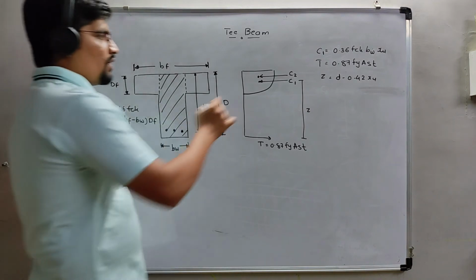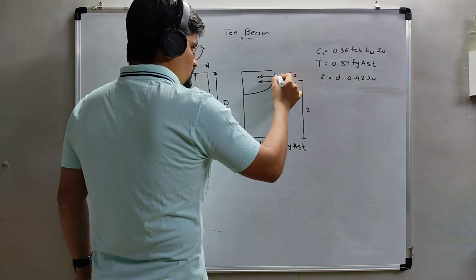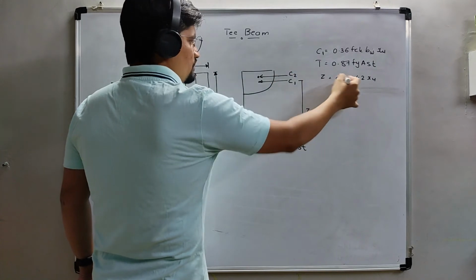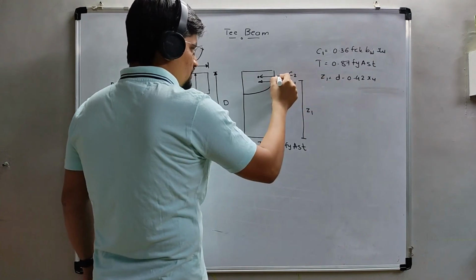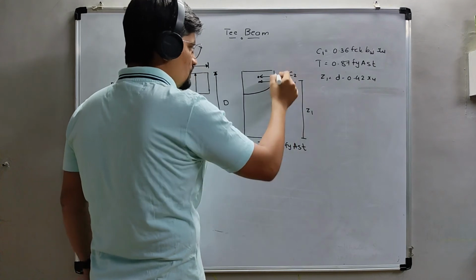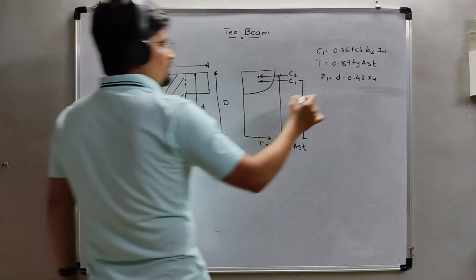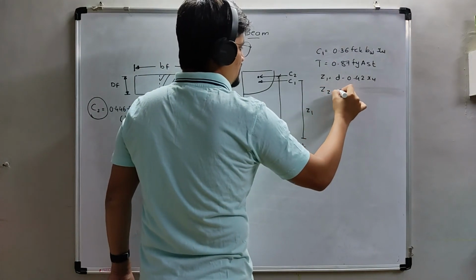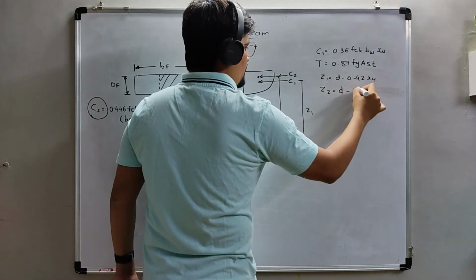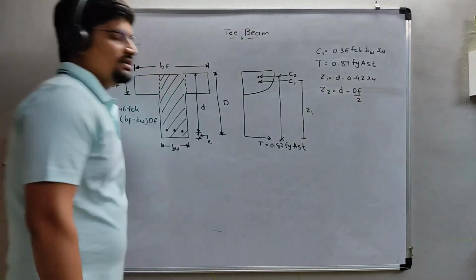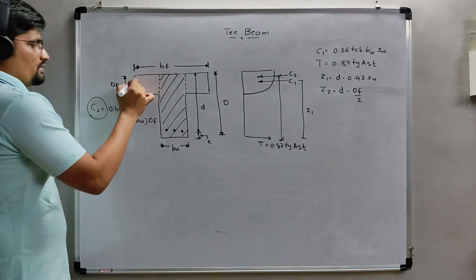Okay, this will be C2, which will occur here. So this is Z1. What will be the Z2? The Z2 will be nothing but d minus Df by 2. It is the CG of the flange portion here.